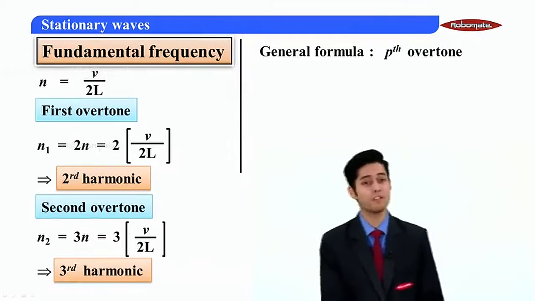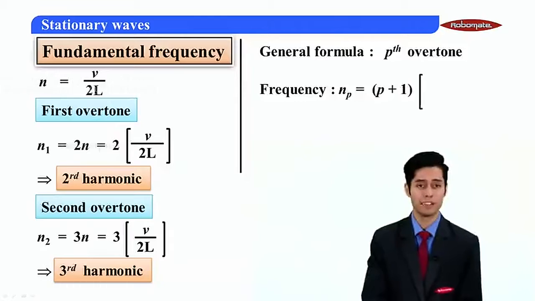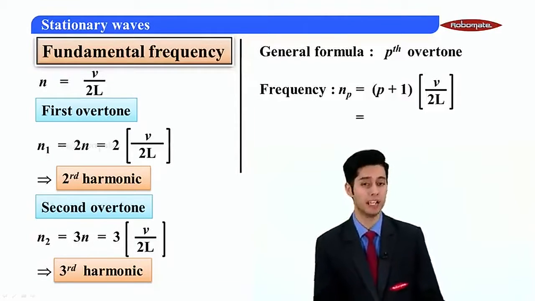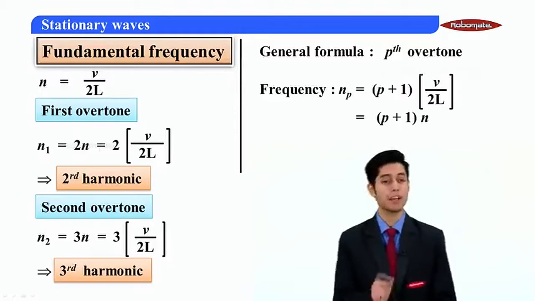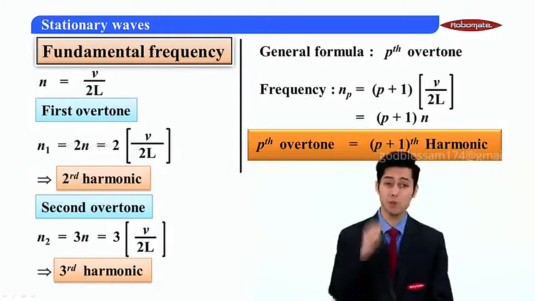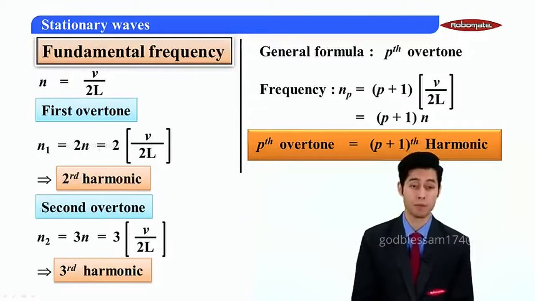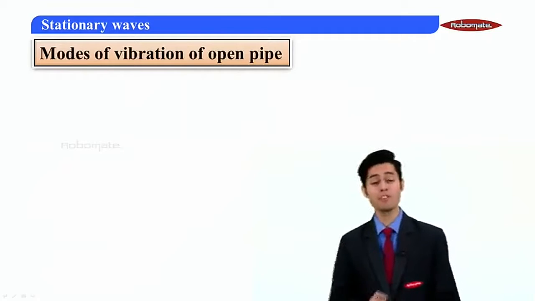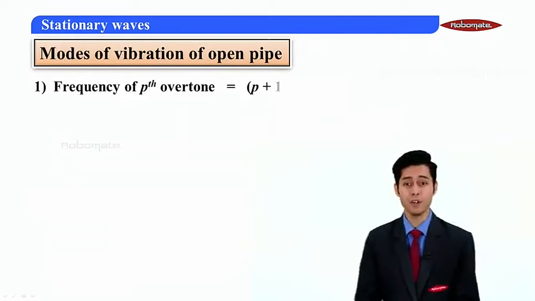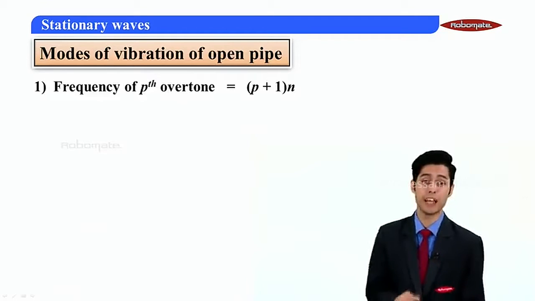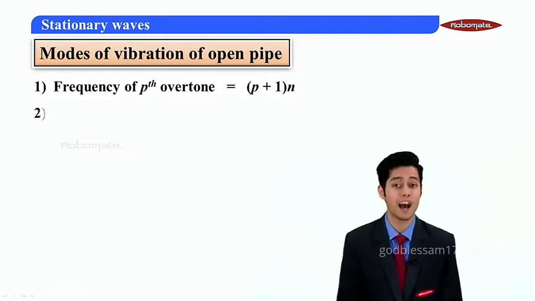So in general formula, the pth overtone, that is Np, will be equal to P plus 1 into V by 2L. That means P plus 1 into N. So the pth overtone will actually be equal to the P plus 1 harmonic. Moving ahead to write down the final conclusions for the modes of vibration of an open pipe, the frequency of the pth overtone will be P plus 1 into N, that is the P plus 1 harmonic.